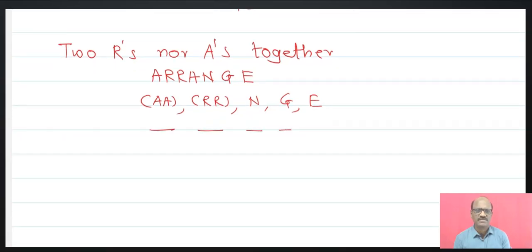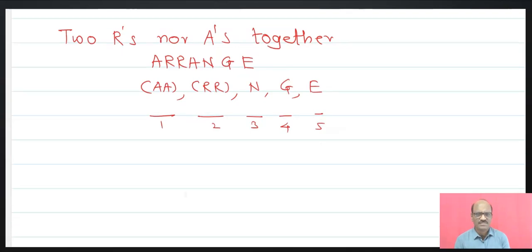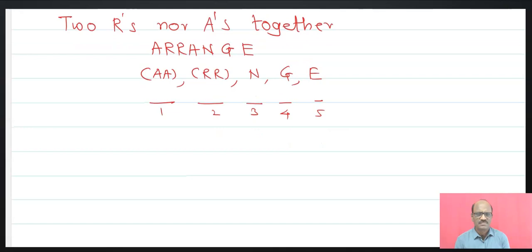Total is 5. That is, AA is treated as 1 unit and RR is also treated as 1 unit. First of all, we find out the arrangements where they are together and then subtract from the above. Then we get the correct result.